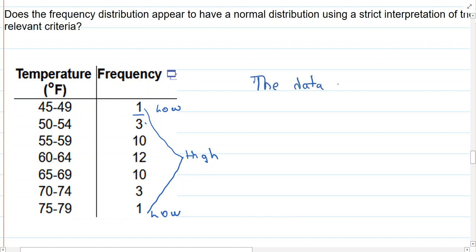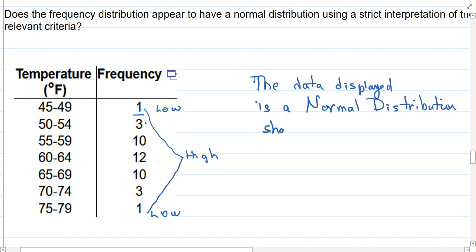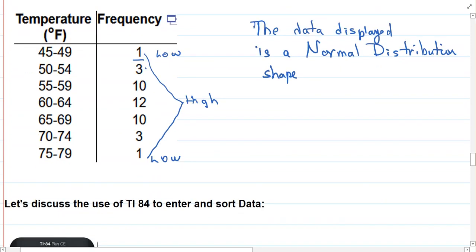Data displayed is a normal distribution shape. There you go.